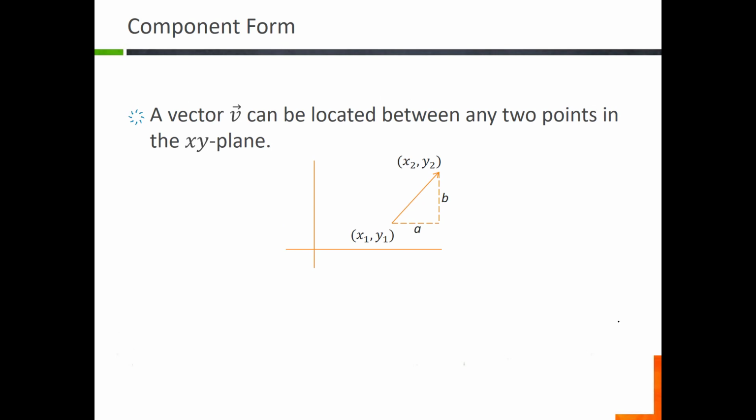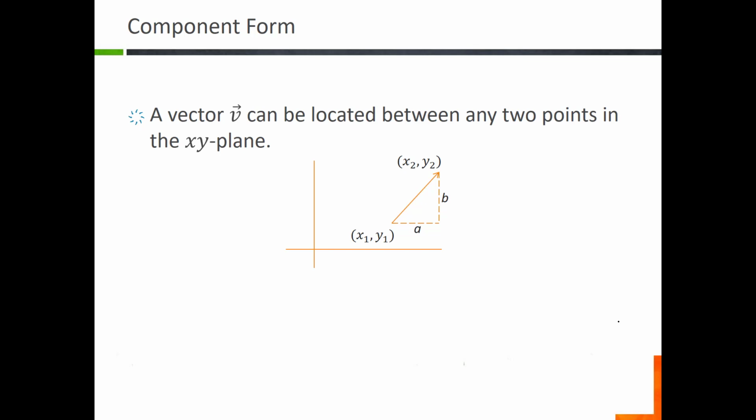So probably one of the most common ways that we express a vector is using its component form. When we want to think about its component form, let's first think about what a vector looks like again. It's an arrow. It starts from an initial point, which let's say is at the coordinates x1, y1, and the terminal point is at x2, y2. So we have an arrow going from x1, y1 to x2, y2.